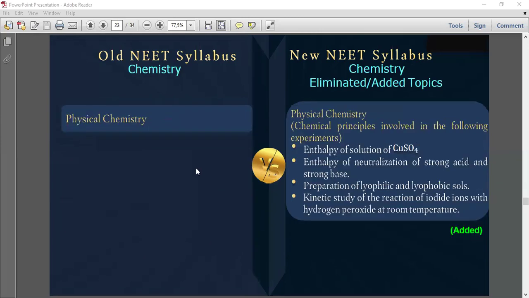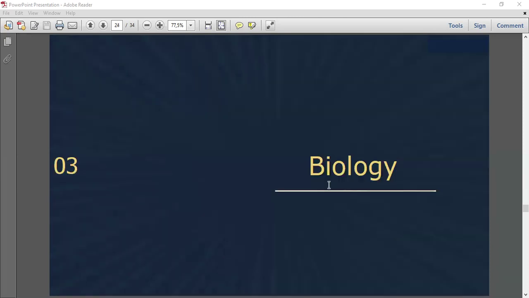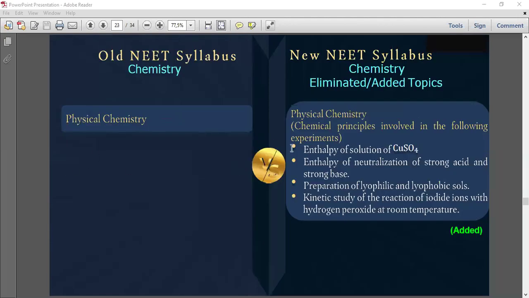Okay, now from physical chemistry, so chemical principles involved in the following experiments: enthalpy of solution of copper sulfate, neutralization of strong acid and base, preparation of lyophilic and lyophobic solutions, kinetic study of the reaction of iodide ions with hydrogen peroxide at room temperature. These topics were added. Okay, this is all about chemistry.